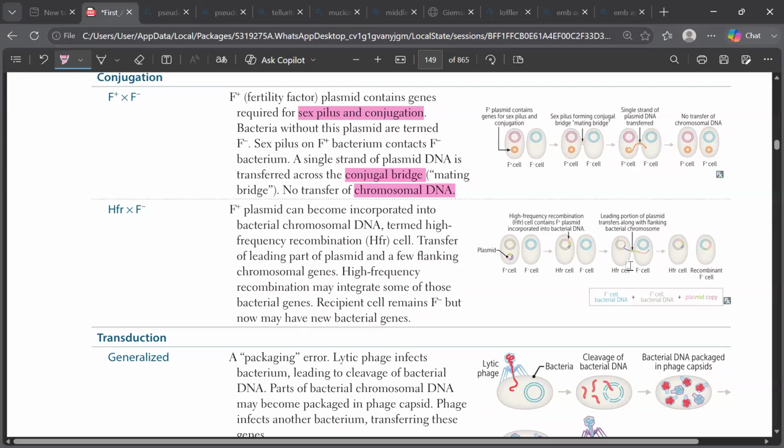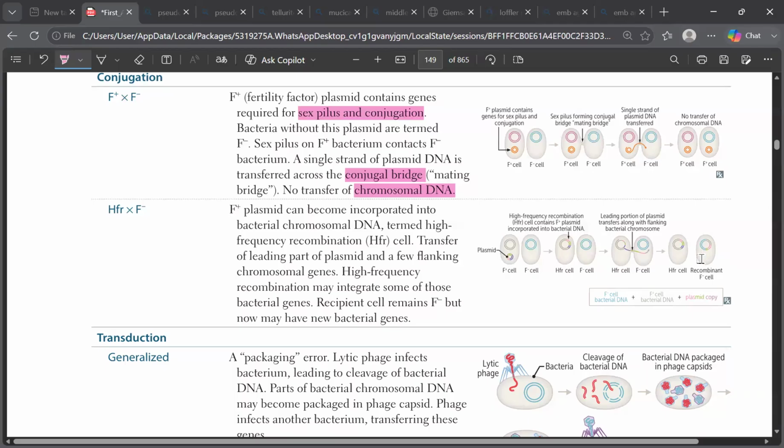Now, the sex pilus forms and the leading portion of the plasmid transfers along with flanking bacterial chromosome. There is a transfer of the leading portion of the plasmid as well as a part of the bacterial chromosome. And then there's an Hfr cell and a recombinant F negative cell, because there's going to be no plasmid additionally, it is just going to add into the DNA. So the F negative cell has its bacterial DNA plus the F positive cell's bacterial DNA, plus a plasmid copy is present in here.